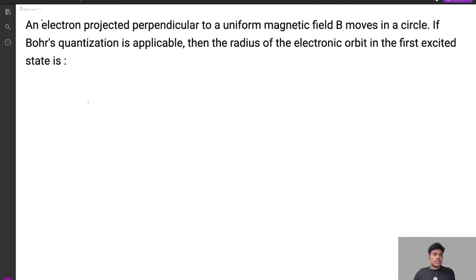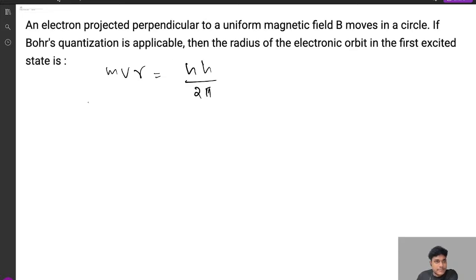So let's start. Here is our question. An electron projected perpendicular to a uniform magnetic field B is moving in a circle. If Bohr quantization is applicable, then what is the radius of the electronic orbit in the first excitation state? What is the Bohr quantization criteria? That is mvr = nh upon 2 pi.